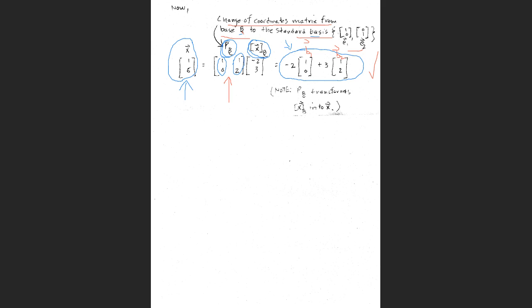The change of coordinates matrix P subscript B, sometimes I call it the peanut butter matrix, I don't know why, it just helps me think about it, transforms the coordinate vector x sub b into the vector x. So you're going back and forth between coordinate systems utilizing these change of coordinates matrices.